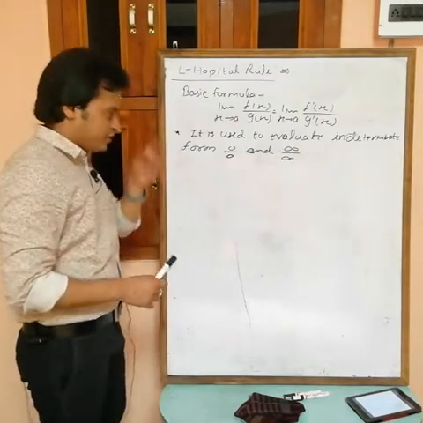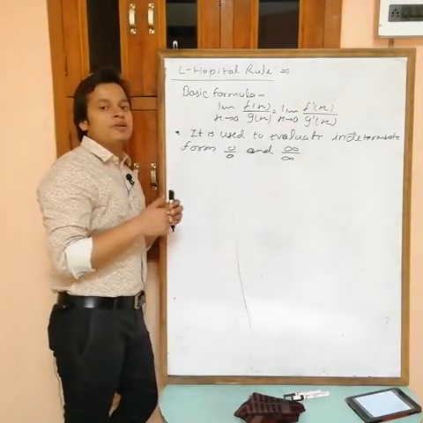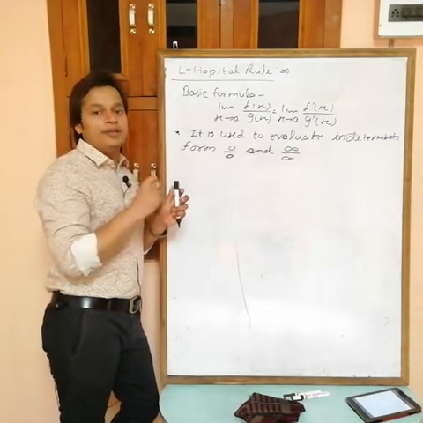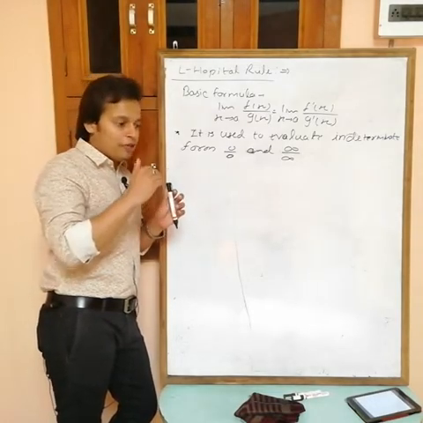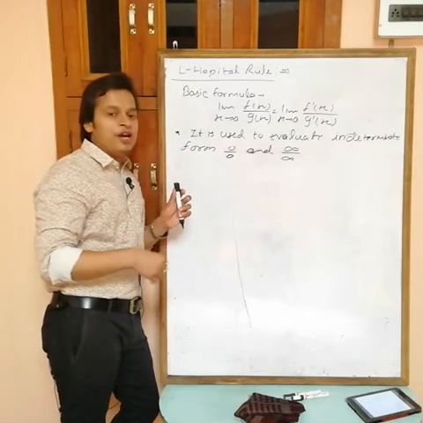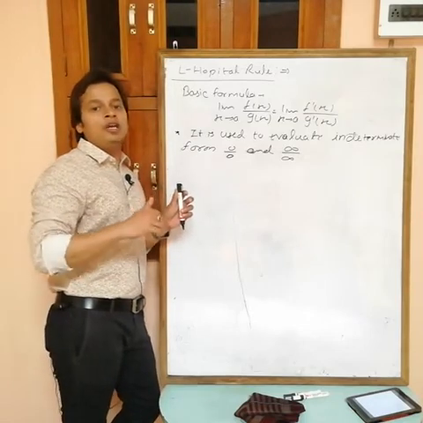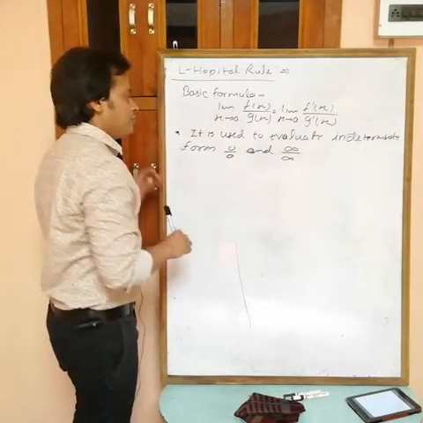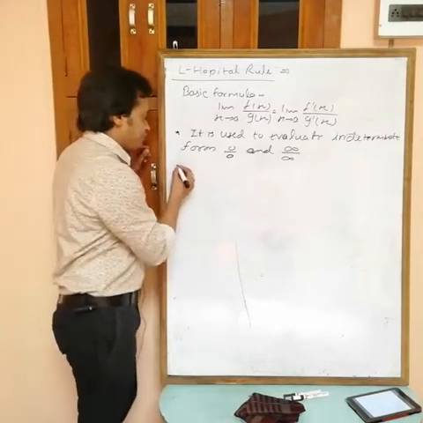You can also use this repeatedly, but we have the condition that the new form must be an indeterminate form. If after using L'Hopital rule you again get 0 by 0 or infinite by infinite form, then again you can use L'Hopital rule. It means we can use this repeatedly.